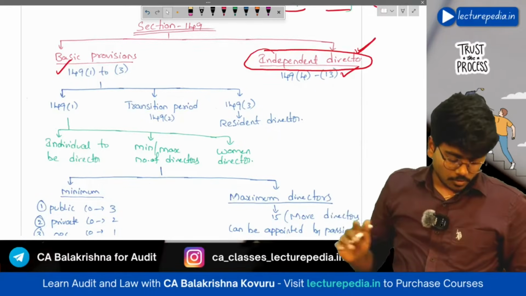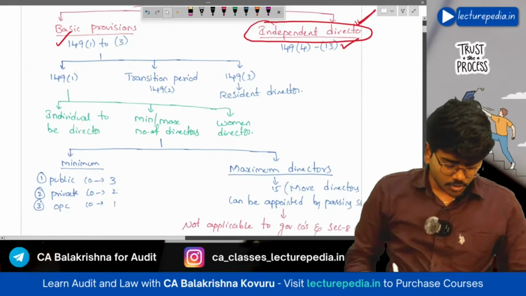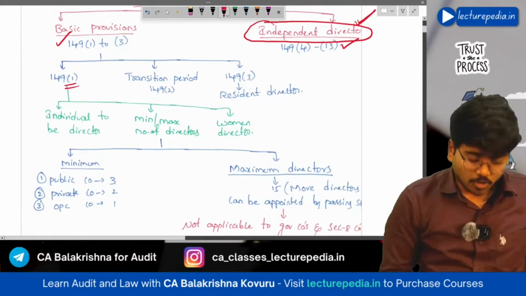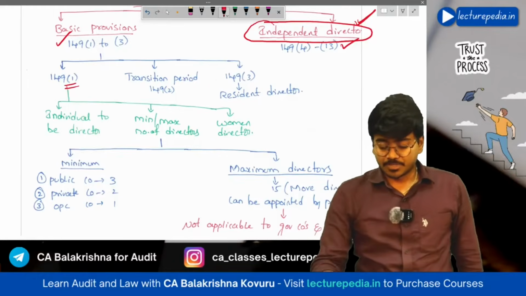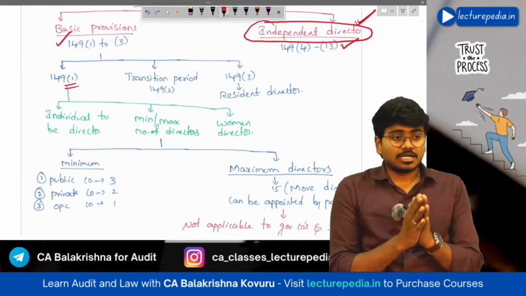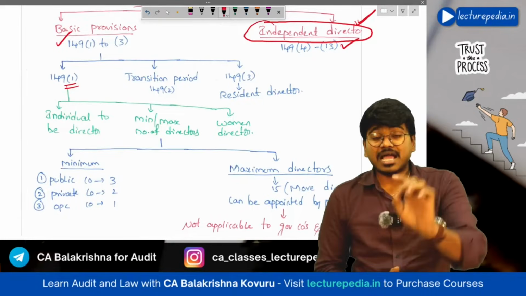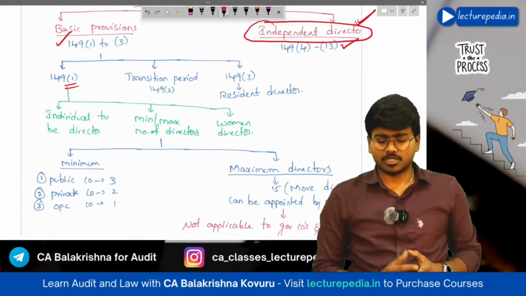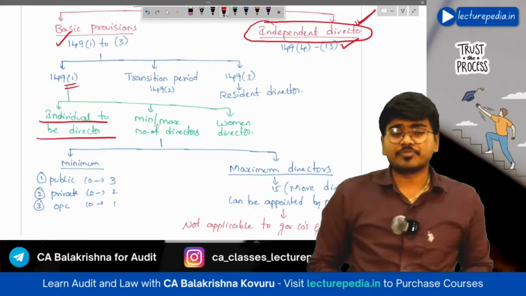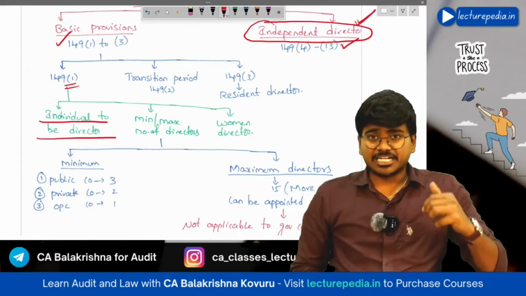Now, section 149 subsection 1 says that a director must be an individual. Why does the Act say that a director must be an individual?